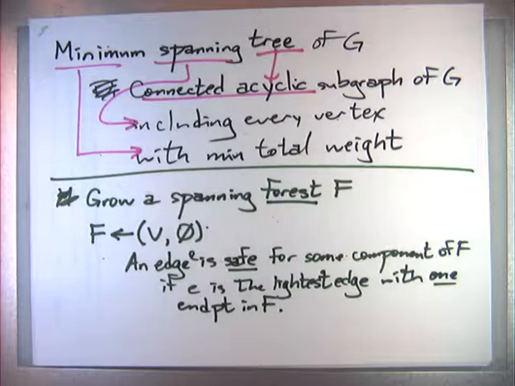So for each component, I pick out the lightest edge that leaves that component for somewhere else. I say the lightest because I have this tie-breaking rule. That edge is safe.